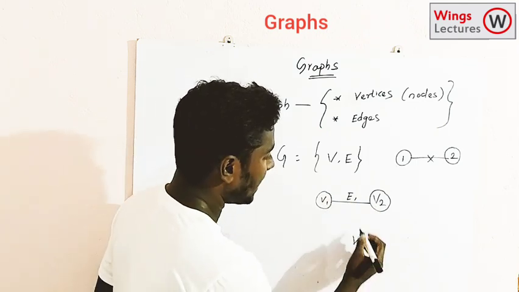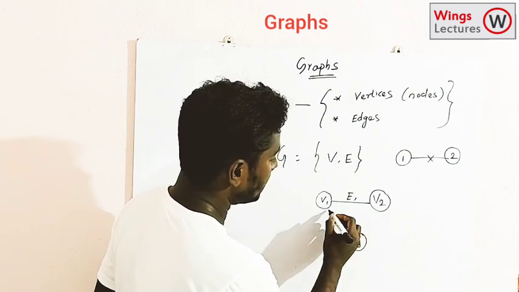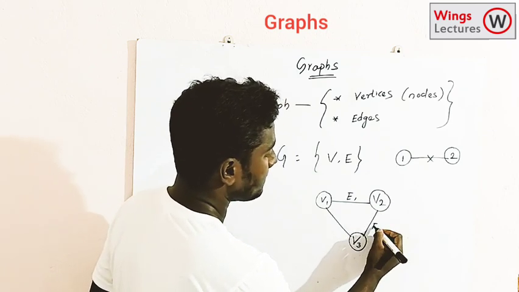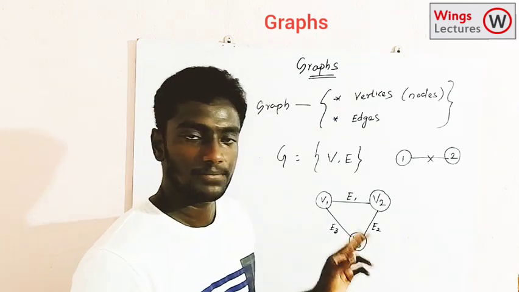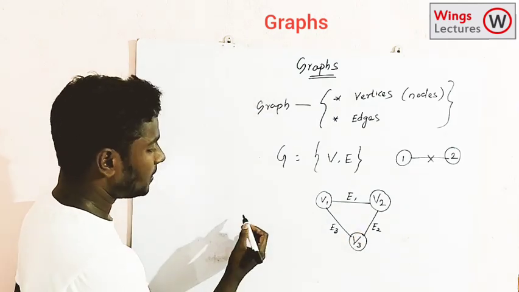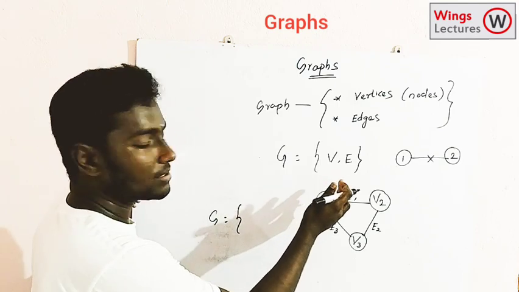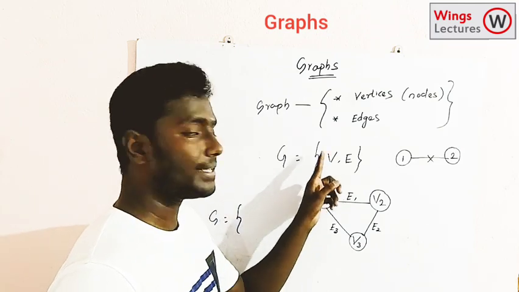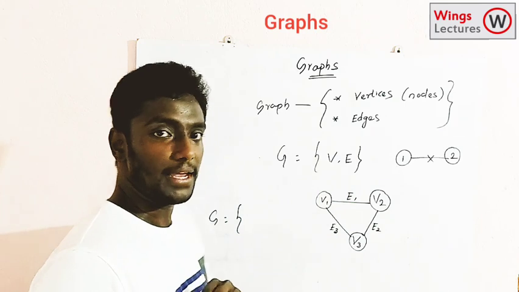If we have one more vertex, see how many edges there would be. So there are 3 edges. Here I am going to represent the graph as G, which is nothing but the graph. A graph is a collection of non-empty sets of vertices as well as edges.